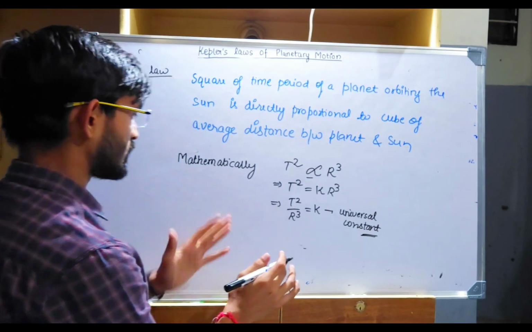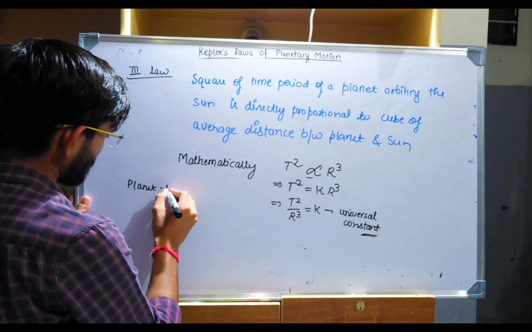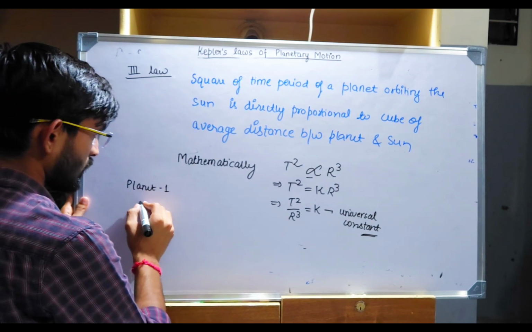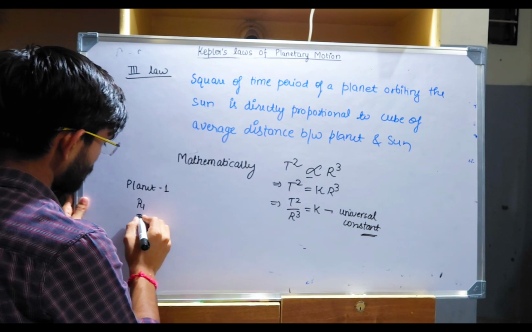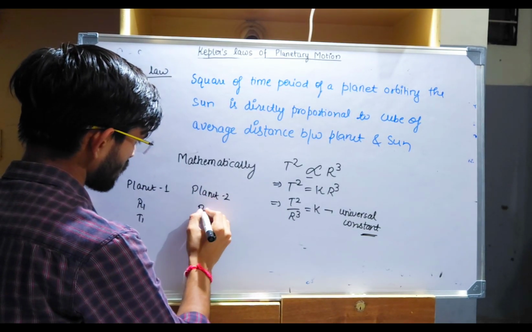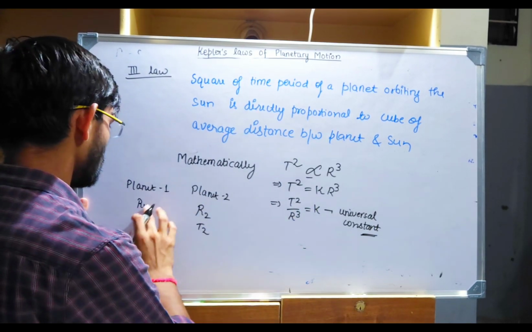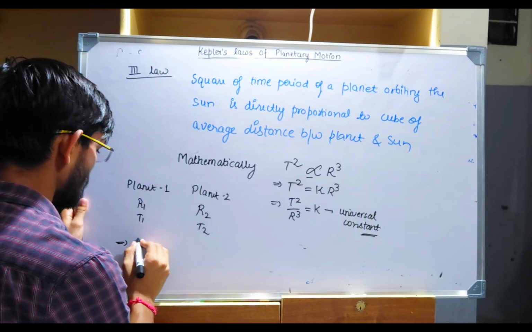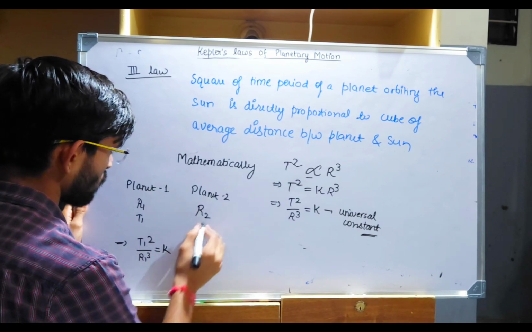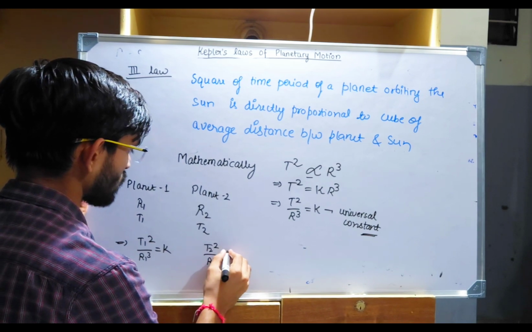That means for planet 1, the average distance between planet 1 and sun is say r1, and its time period is t1. For planet 2, the average distance is r2 and the time period is t2. For planet 1, t1 square upon r1 cube equals k. For planet 2, t2 square upon r2 cube equals k.